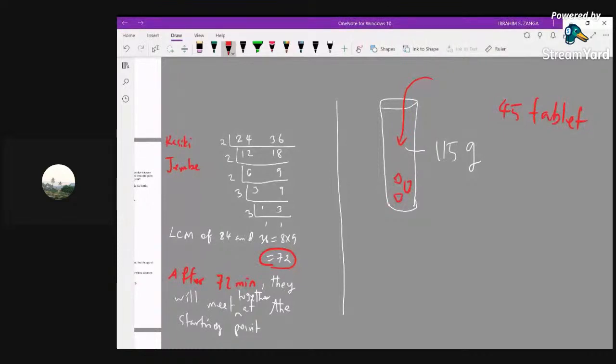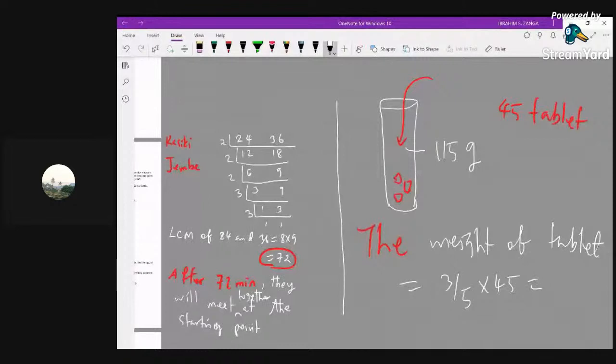So I can say that the weight of tablets equals 3/5 times the number of tablets, which is 45. You simplify here by 5: 1 by 5, 9, so you're going to get 27 grams.